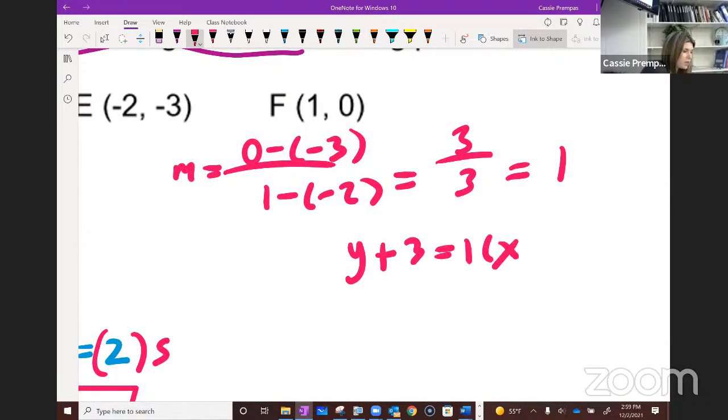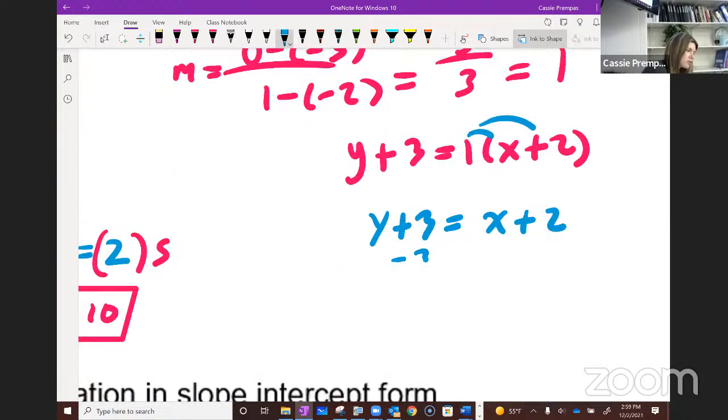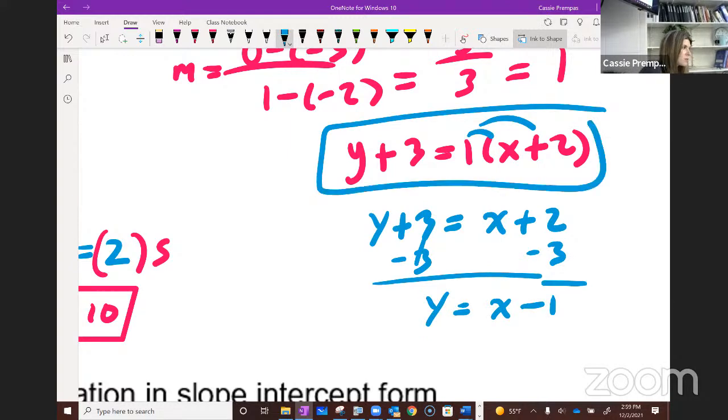If you had it in here, this would be point slope. You would distribute the 1. You'd have y plus 3 is equal to x plus 2. You'd subtract 3. And you would have y is equal to x minus 1. That's slope intercept.